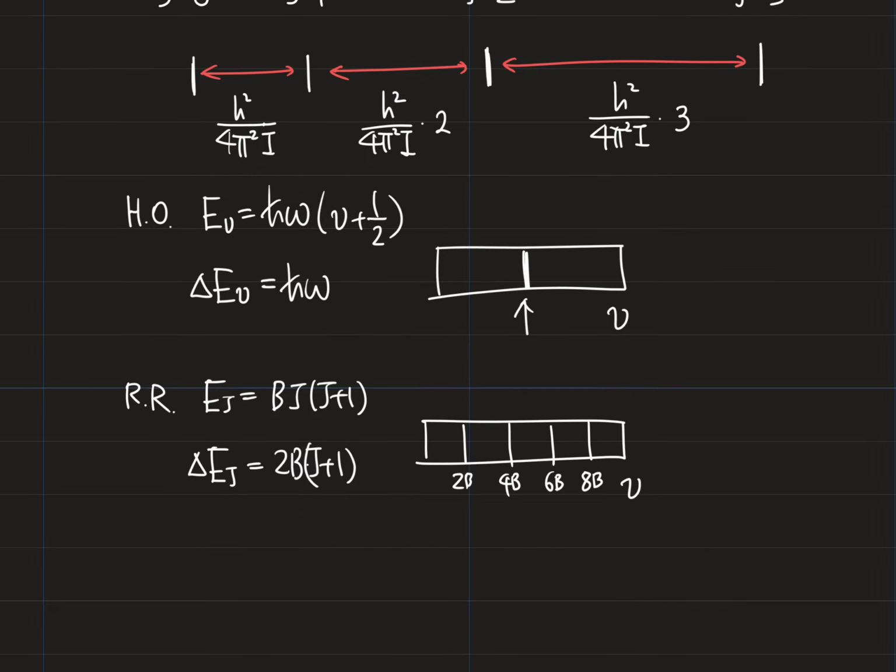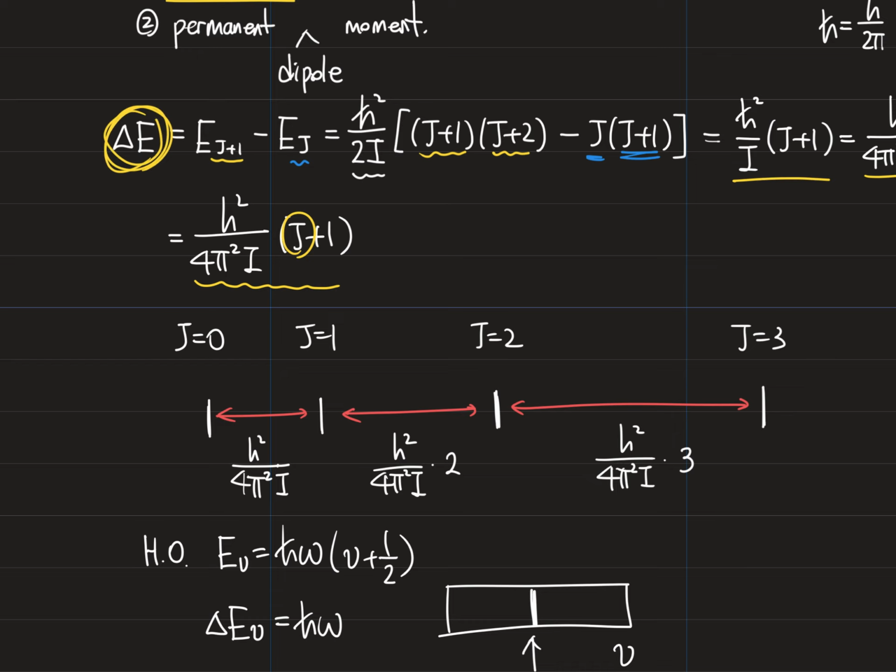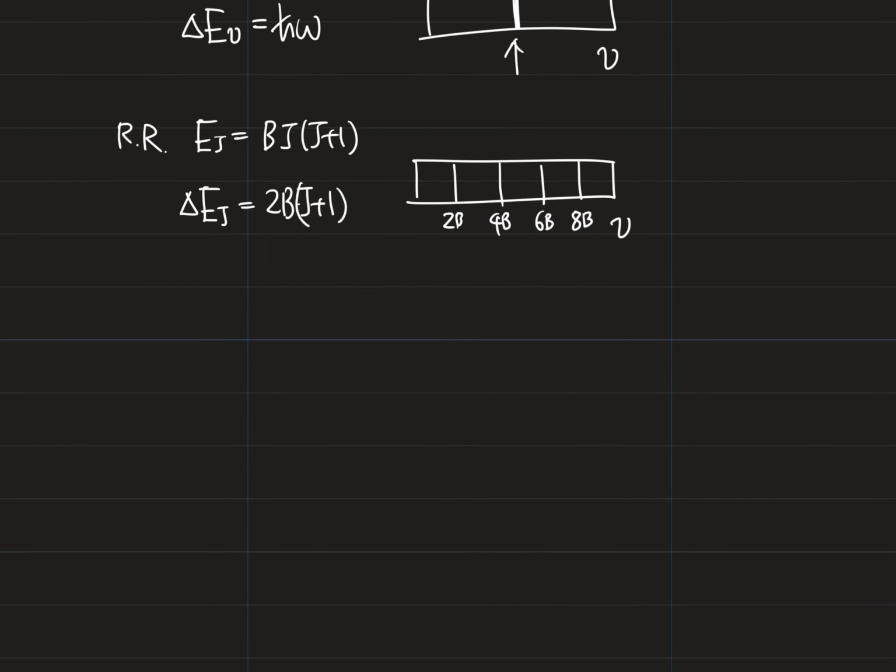Okay, and so we already calculated the energy difference here, right? We have the energy difference for the rigid rotator model, and we know that during this transition, the molecule can absorb a photon, or the molecule can emit a photon, and the absorbed or emitted photon's energy should correspond to h nu observation, the frequency of the photon.